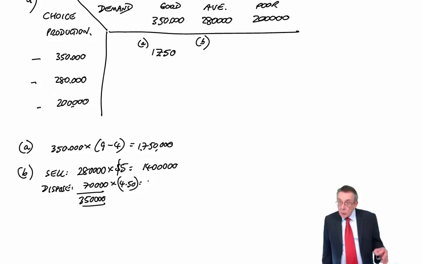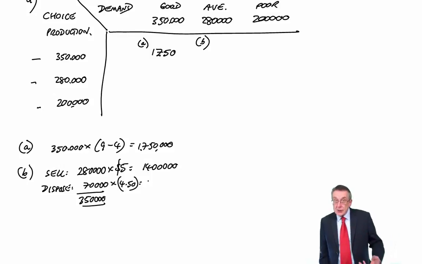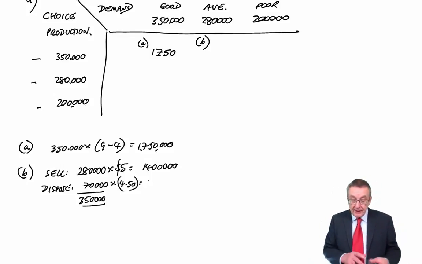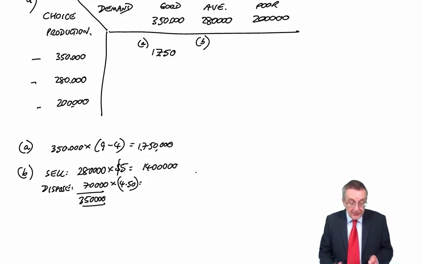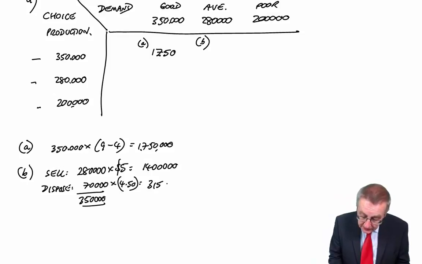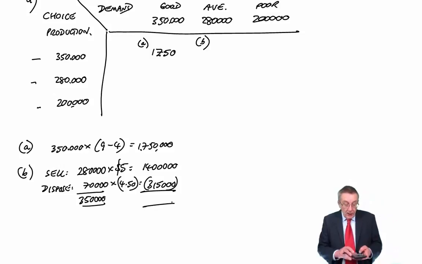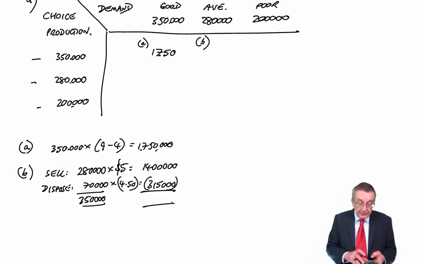Any you don't sell, you've no revenue, you've a cost of making of $4, and in addition, the cost of disposing of 50 cents. So, on those 70,000, we lose 315,000, which means we end up with a profit of 1,085,000.